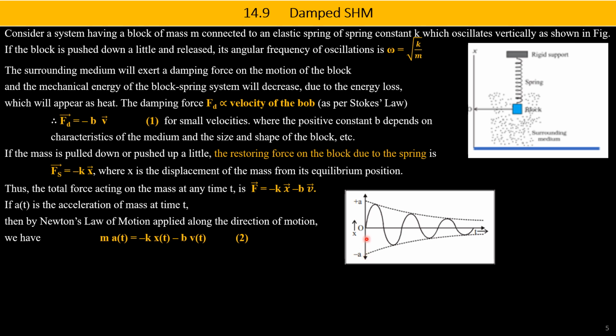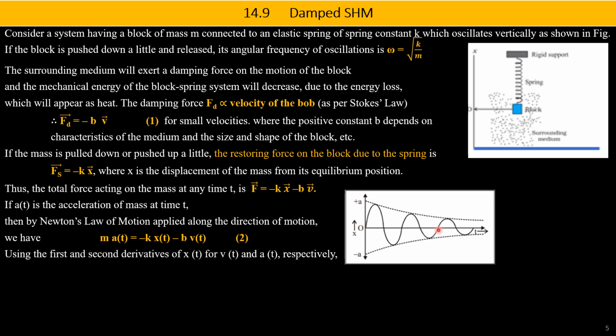As the resistance from the medium increases, the oscillations decrease. It is called a damped oscillator, which is approximately periodic with decreasing amplitude of oscillation. With greater damping, oscillations die out faster. If the damping force is more, these oscillations die out faster.